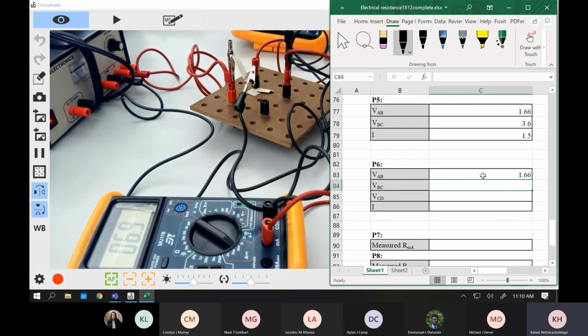I'm a little confused because I'm getting exactly the same numbers as earlier, so it should be a little different, but I don't know why. And 5.9, and the current.